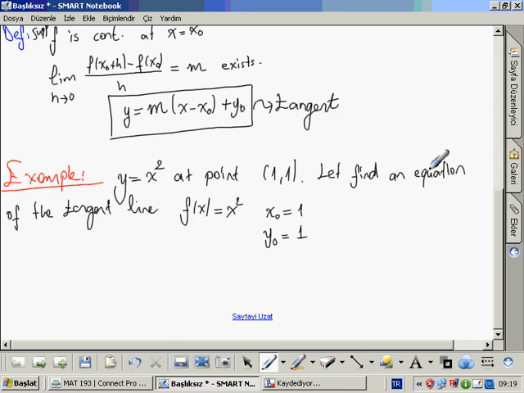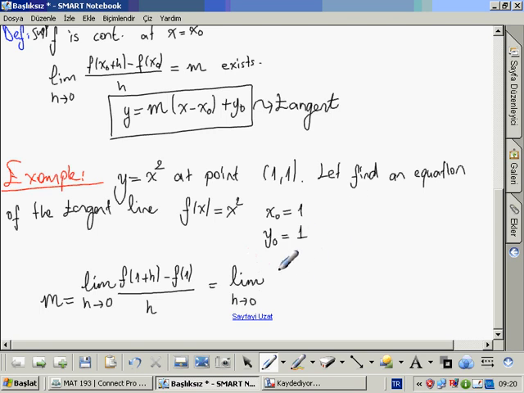Firstly we must evaluate m. m equals the limit as h approaches 0 of f of 1 plus h minus f of 1 over h, so the limit as h approaches 0 of (1 plus h) squared minus 1 over h.